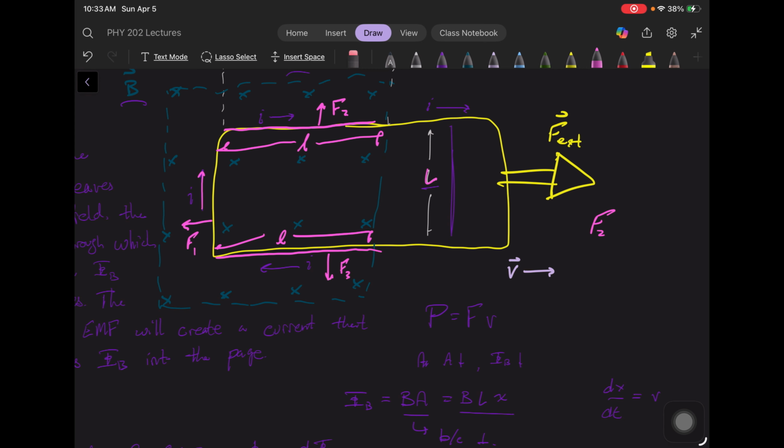And so we can say F2 plus F3 equals 0. All right, and then we can have our L1 here, which was just our capital L value.